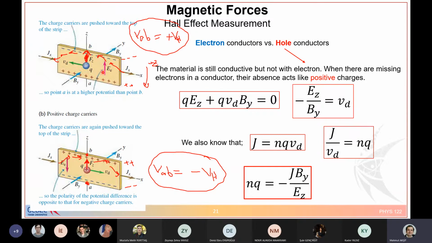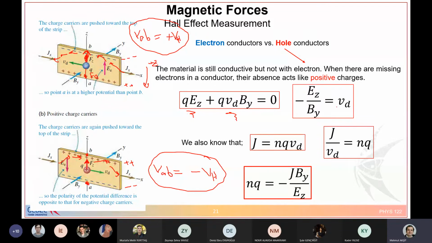Q is the force, electric force, Fe, let's say, is in negative z direction, and electric force and the magnetic force, they balance each other, so they should add up to 0. QEZ plus QVD should be 0.